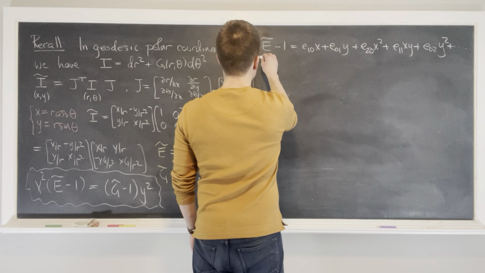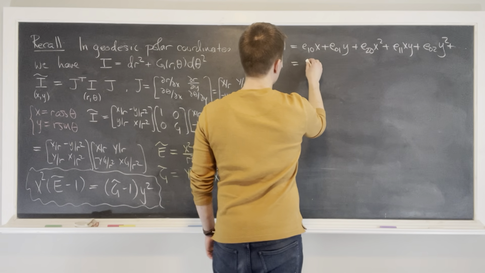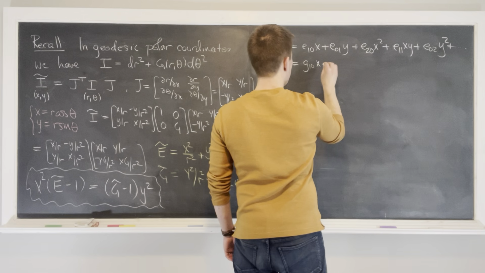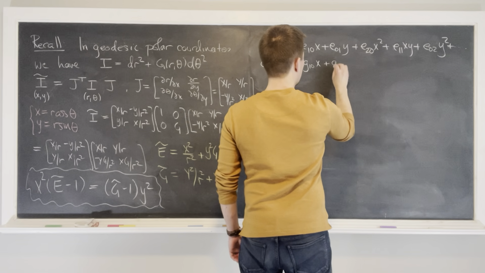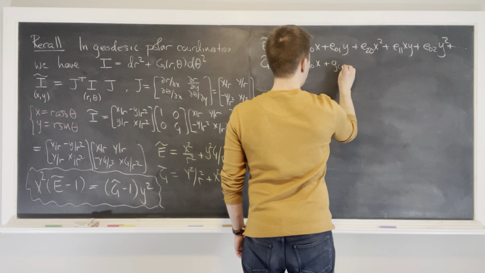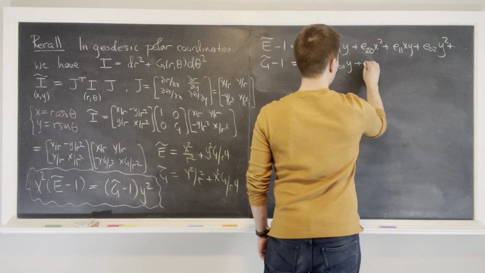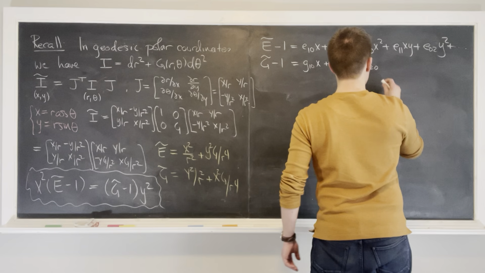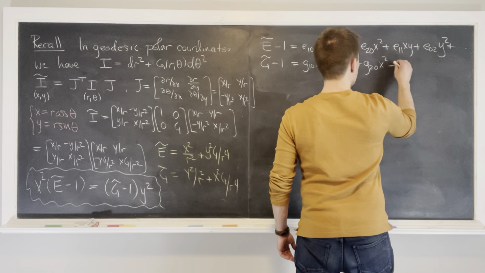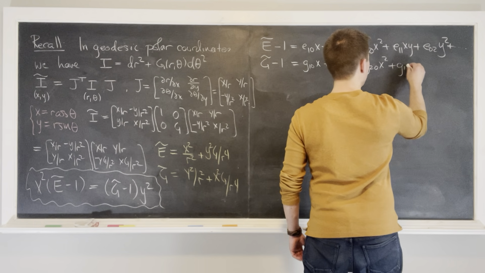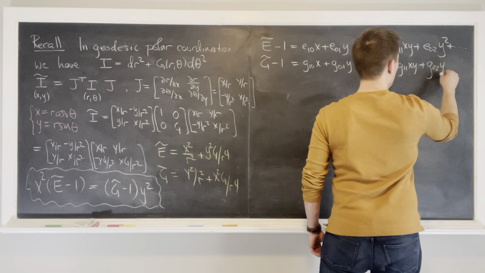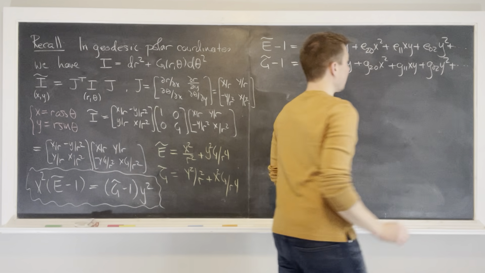And then similarly, g tilde minus 1 is equal to g10 x plus g01 y plus g20 x squared plus g11 xy plus g02 y squared plus dot, dot, dot.